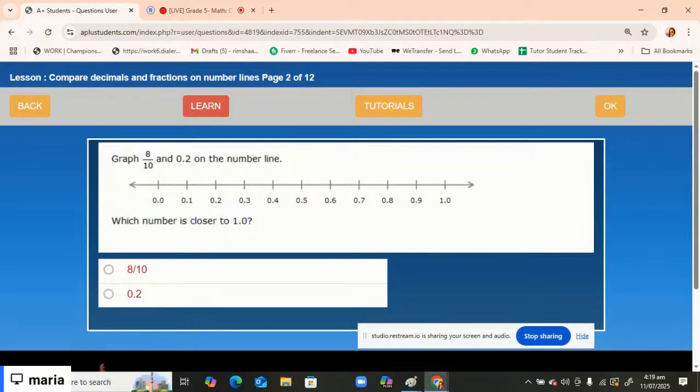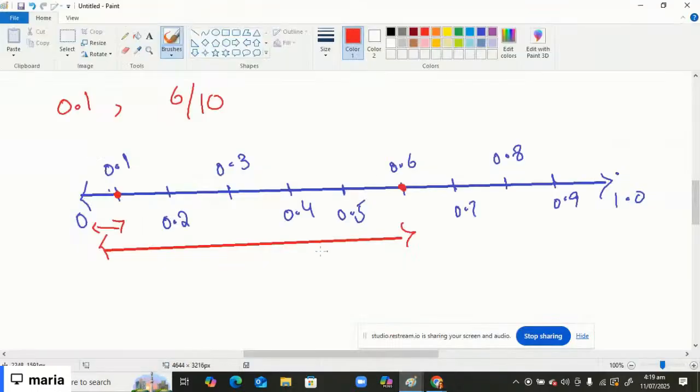Graph 8 by 10 and 0.2 on the number line, and which number is closer to 1.0? Now here we are going to check the closer one, 8 by 10 and 0.2. 8 by 10, this is 0.8. I'm going to use the green color now. Okay, 8 by 10, this is 0.8 and 0.2 here. Which one is closer to 1.0?